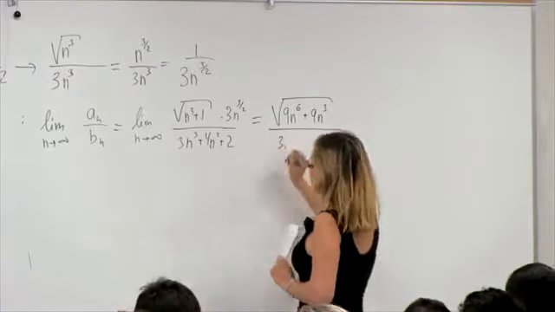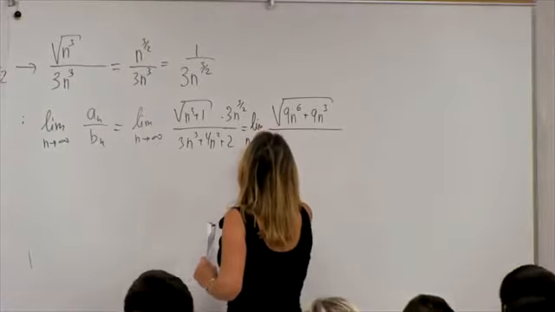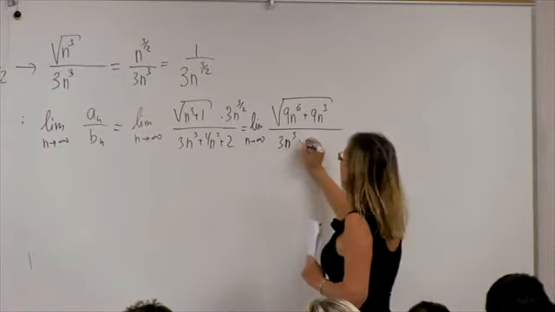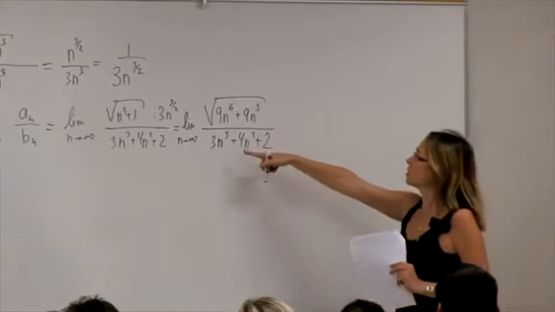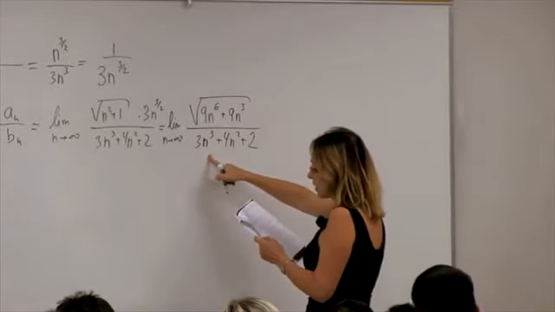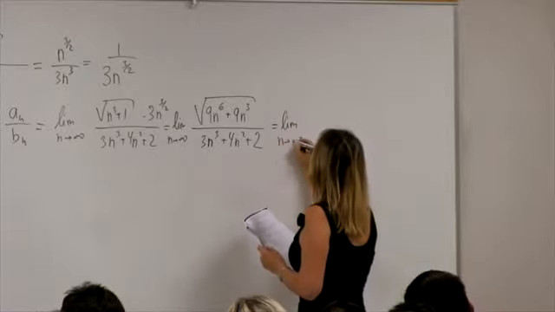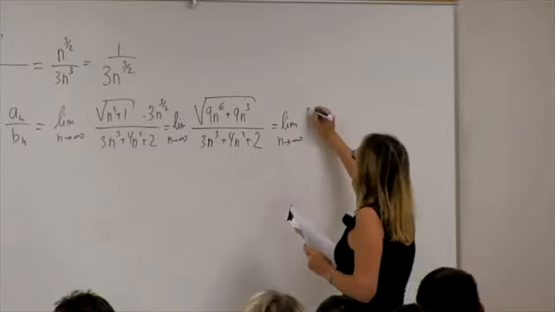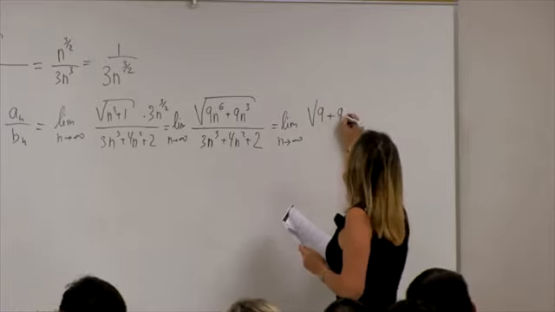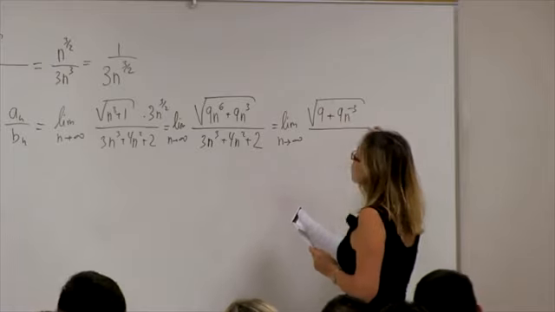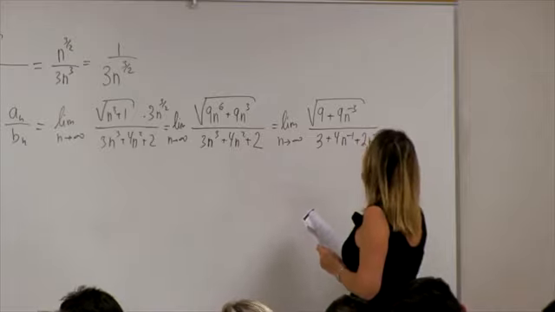And this is the limit as n goes to infinity of this. Now it looks decent, and I can divide everything by n cubed. So I have 9 plus 9n to the minus 3, and 3 plus 4n to the minus 1 plus 2n to the minus 3.